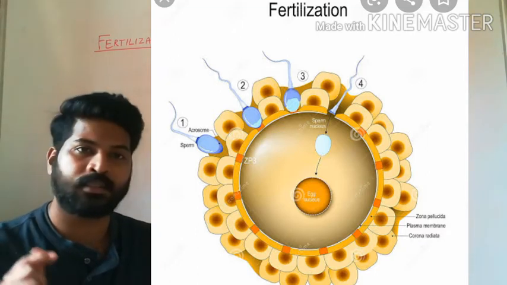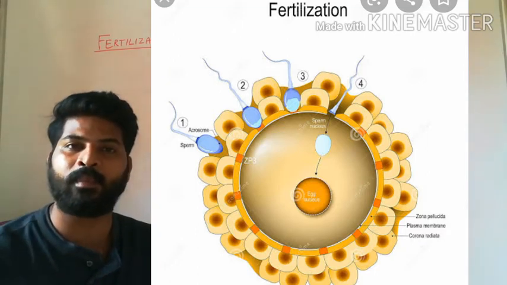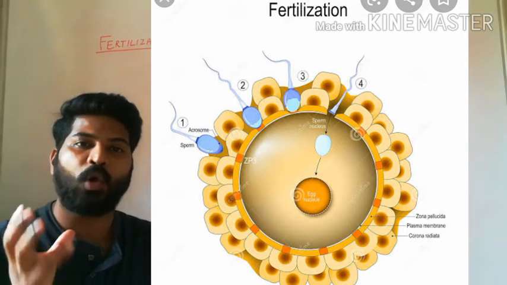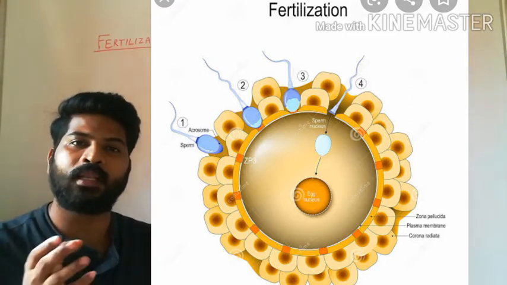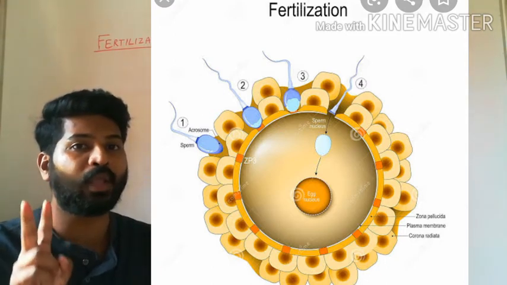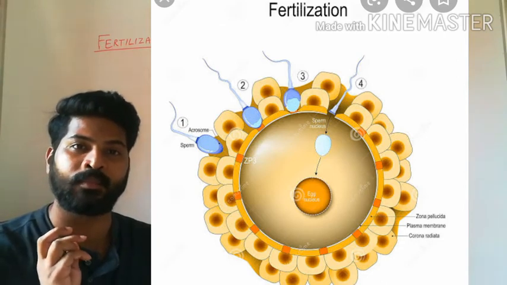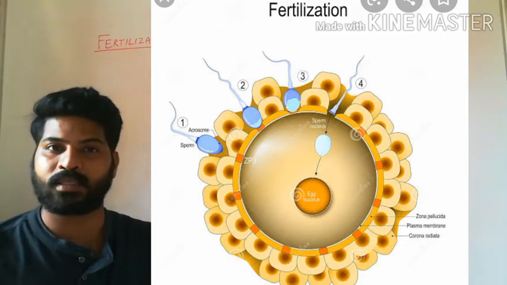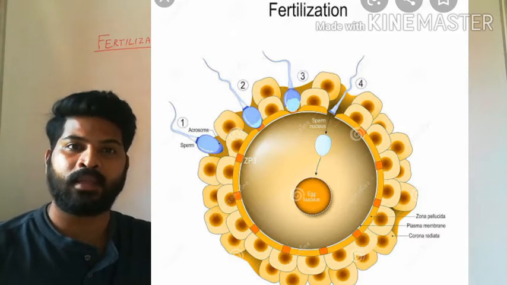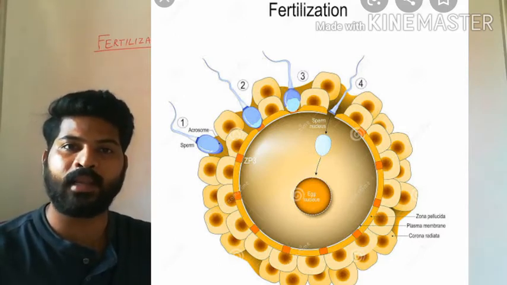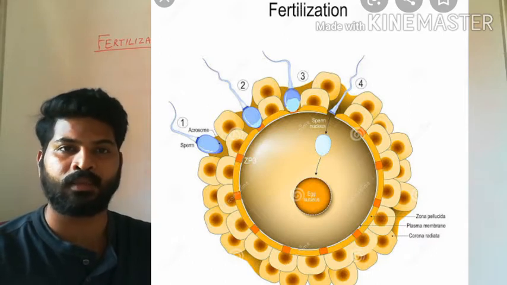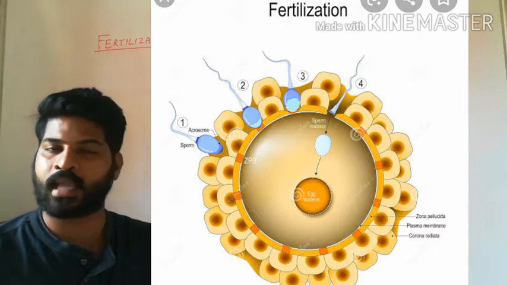As soon as the sperm head touches the plasma membrane, the ovum nucleus will complete the second meiosis. At the end of second meiosis, we have an ootid and the production of the second polar body. The ootid nucleus is haploid in nature.